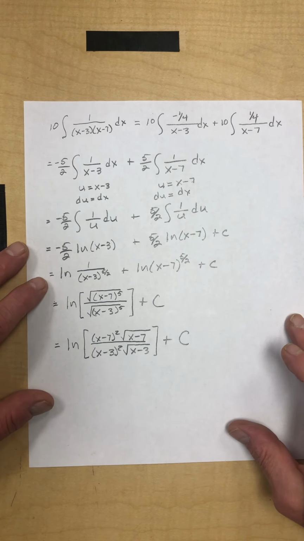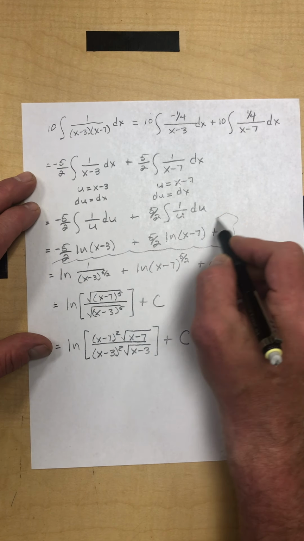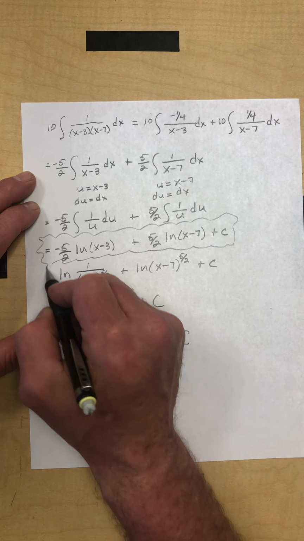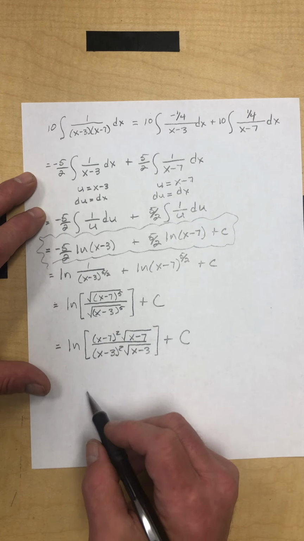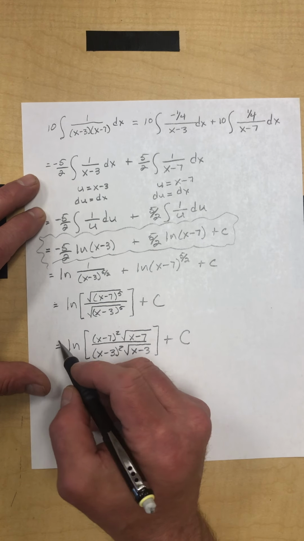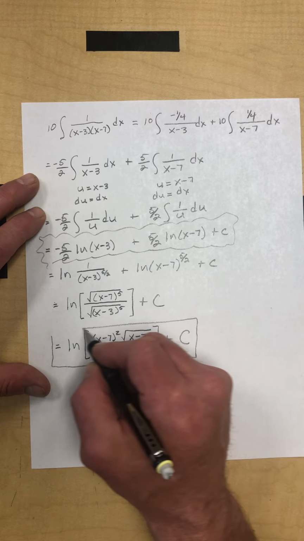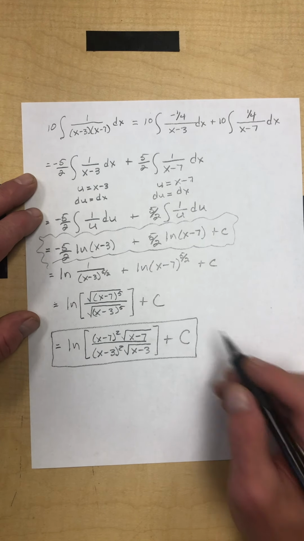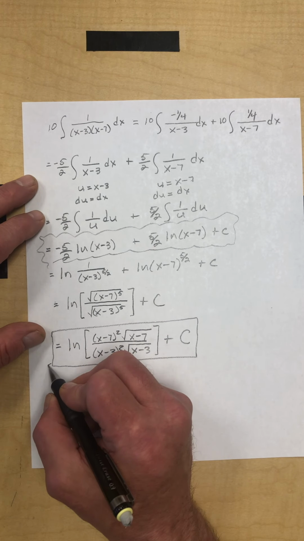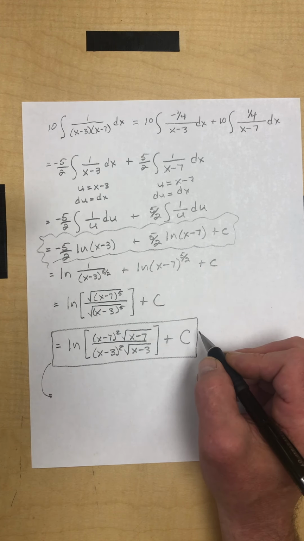Starting right here, numerically, we're in good shape, but we can condense things. I would say that this guy would be a good representation of your answer. I like that guy the most. I could see maybe somebody saying, don't put it in root form, just leave it in exponential form.